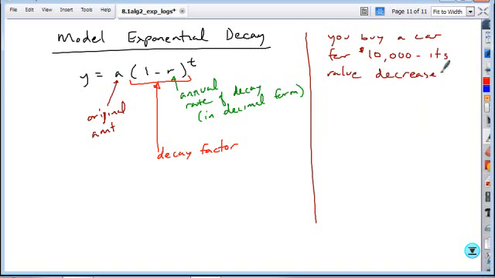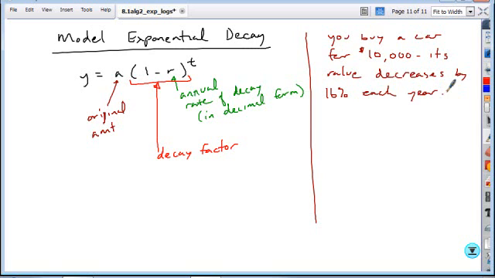As long as it kind of runs, as long as it works, you could probably sell it for something, right? Even if it's $1. Somebody would buy a car for $1, even if it doesn't work. So that's kind of where exponential decay, you can model that. As it gets closer and closer to zero, it's never actually going to equal zero. You'll always have some value in it, but it gets smaller and smaller and smaller as you continue to increase.